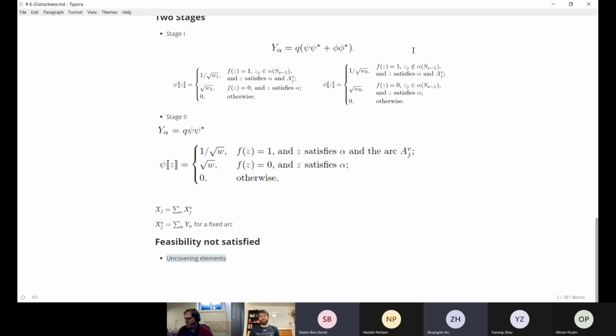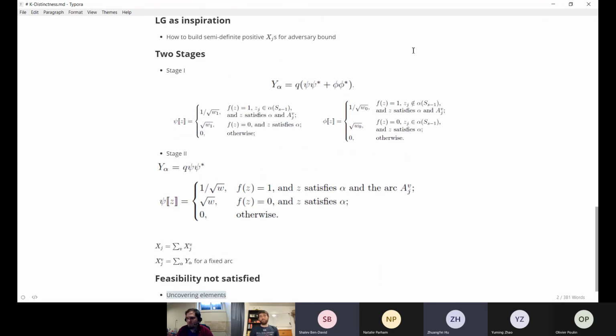The author Belovs modifies the learning graph framework in order to get this. It still uses basically the negative weighted adversary bound, like even a normal learning graph. The reason it gives you a quantum algorithm is it goes through this negative weighted adversary bound, right?